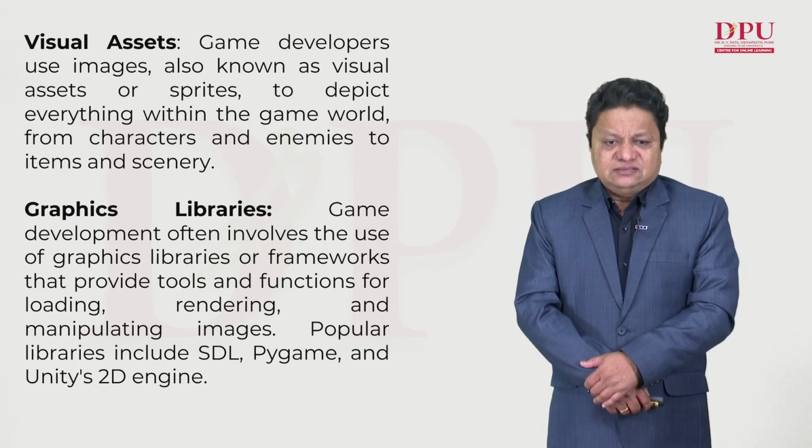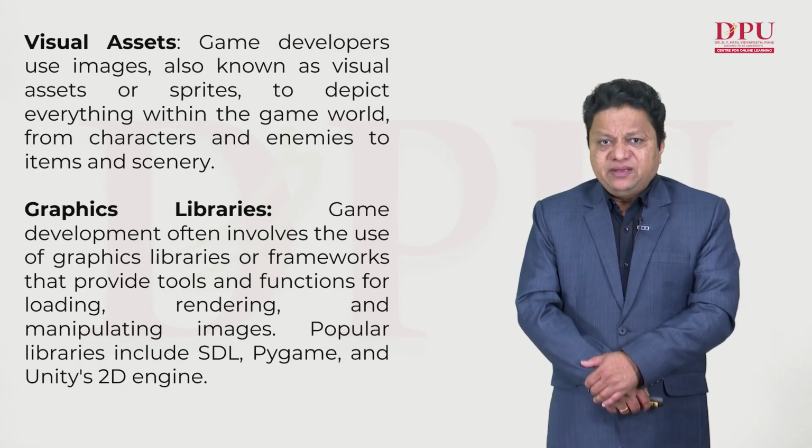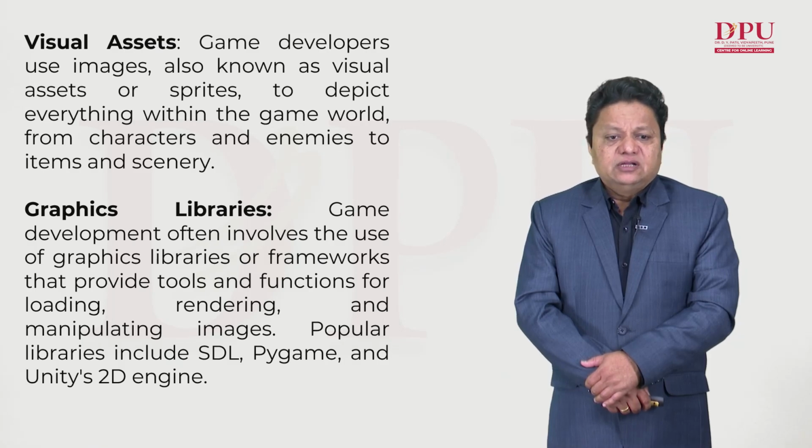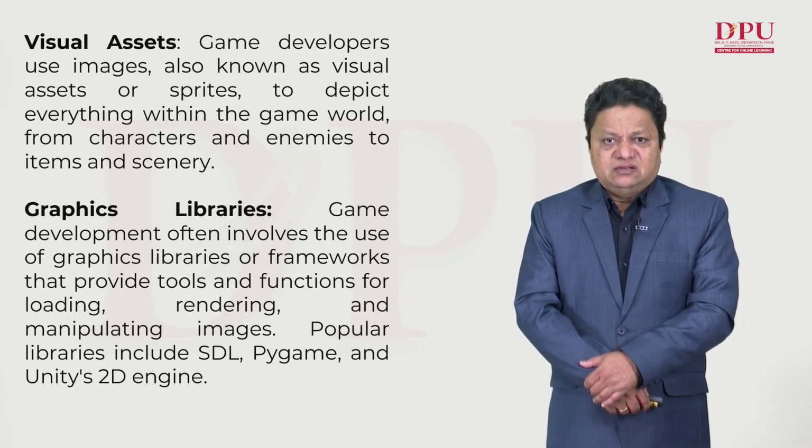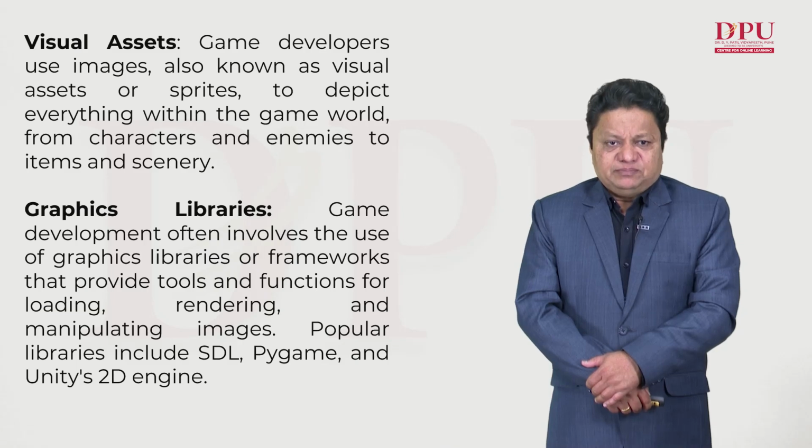Popular libraries used for game development include SDL, Pygame and Unity. Unity is a 2D game engine. So, these are some of the libraries used when I am developing a game.